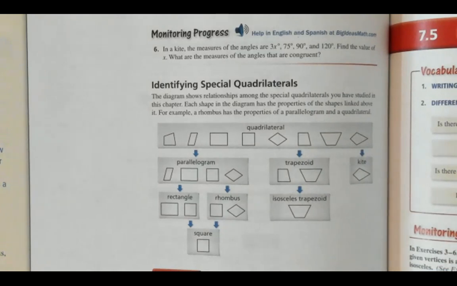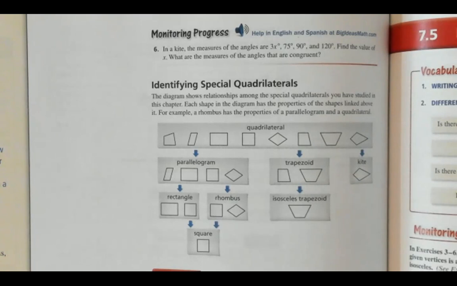Okay, so add them all up. Let's see here. 90, 75, and 120. All right, so we have 285 plus 3x equals 360. So subtract 285 from 360, and you get 75. Now you have 3x equals 75.